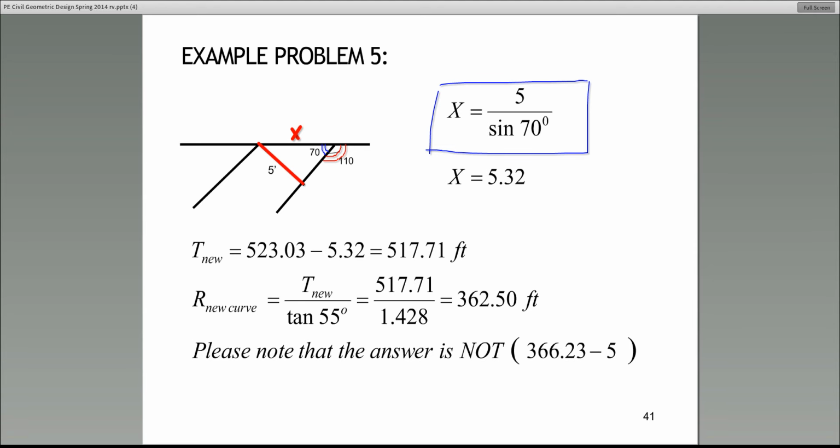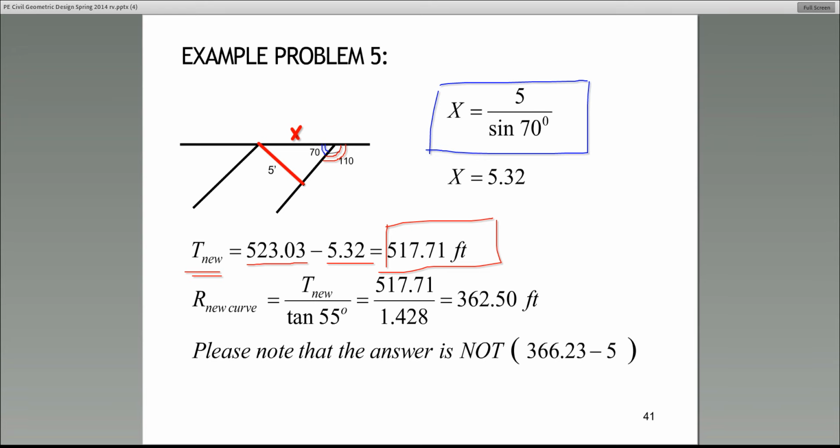Once you calculate that, then the new tangent. Is everybody following this solution? This is very, very important, guys. All right? So the new tangent is simply 523.03 minus 5.32. And that gives you the new tangent length after you have made the movement of the forward tangent.